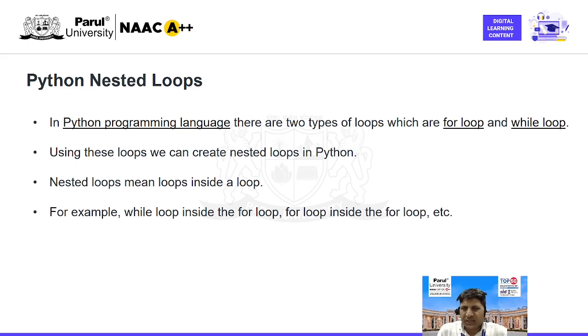Using these loops, we can create nested loops in Python. Both loops support nesting. For example, a for loop inside a for loop is known as a nested for loop, and a nested while loop is when the same is performed with the while loop.